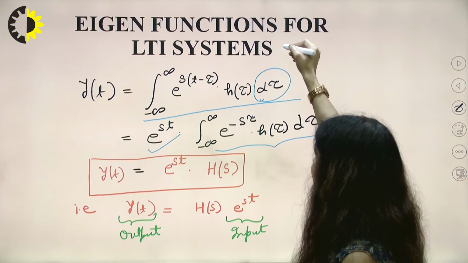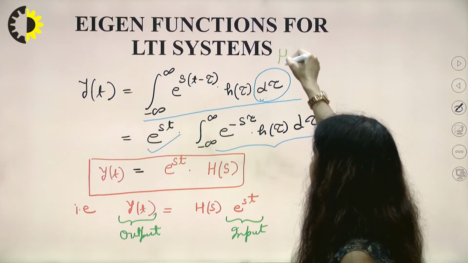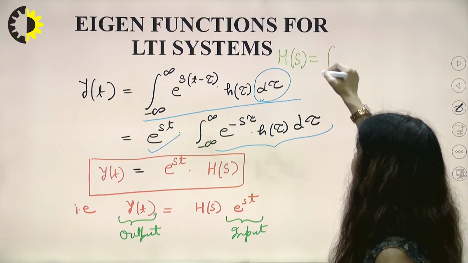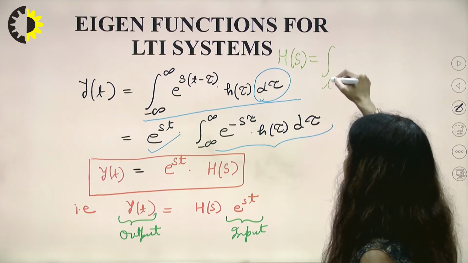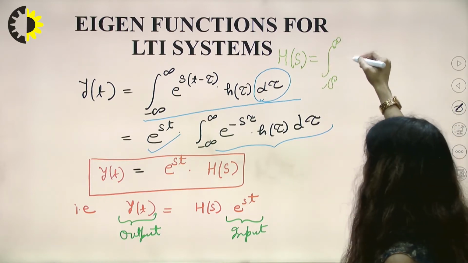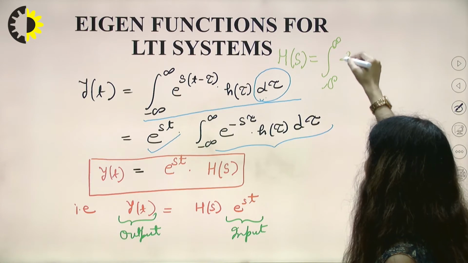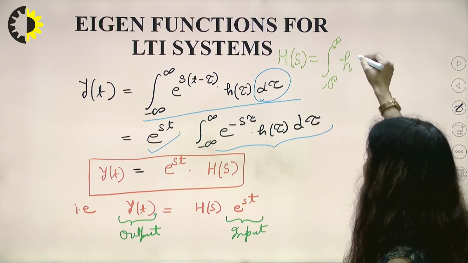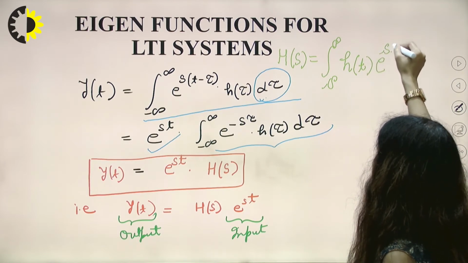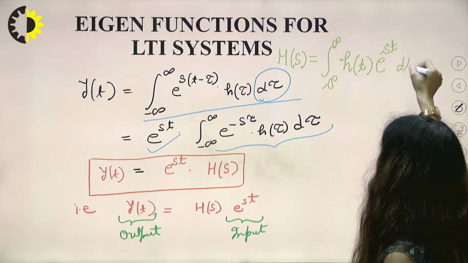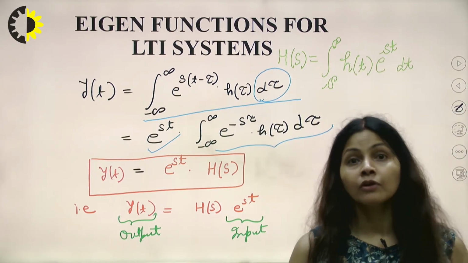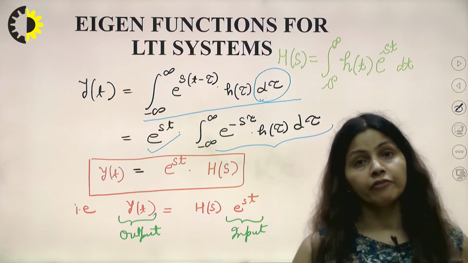If I want to calculate H(s), the formula for H(s) is the integral from minus infinity to plus infinity of h(t) e raised to the power minus st dt. This is how I calculate the Laplace transform for any h(t) or whatever, any h(tau).